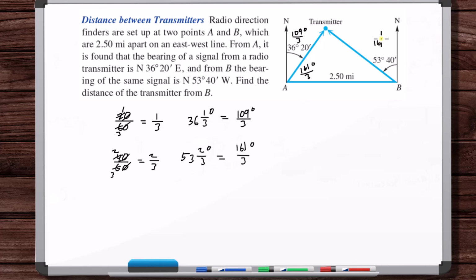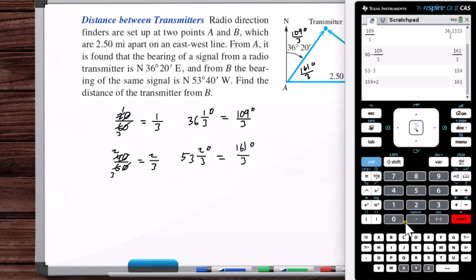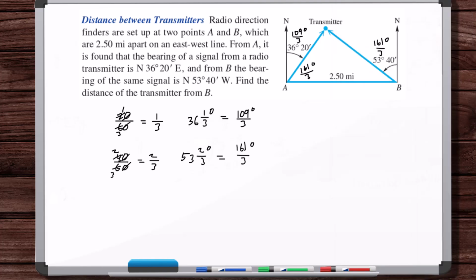If we take 90 minus that, it's 109 divided by 3.